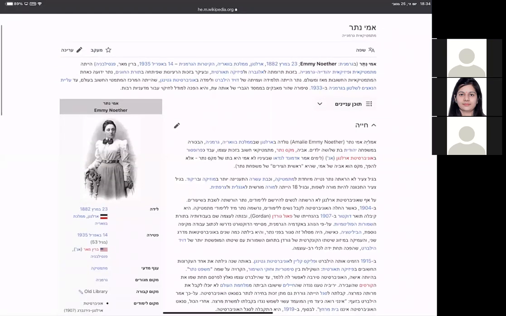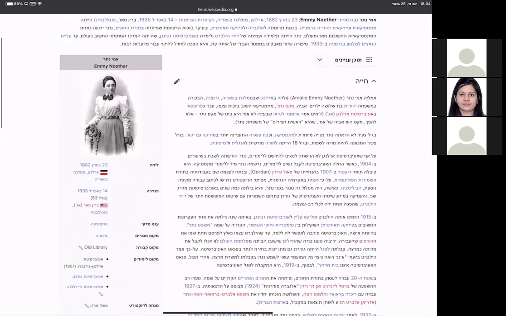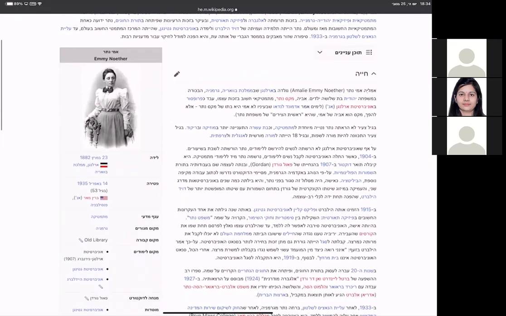She died at the age of 53, right? She died single, because of some medical problem. But you can read about her. This is Emmy Noether.